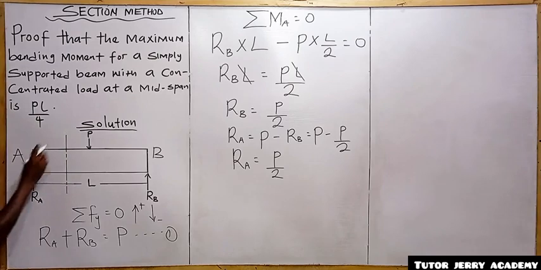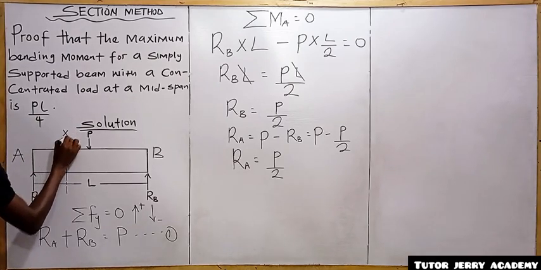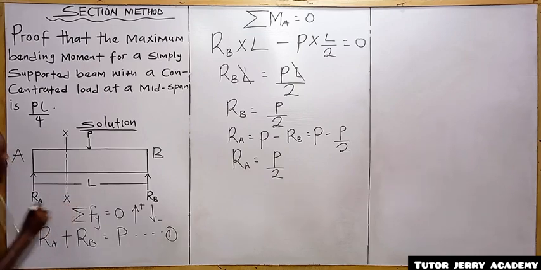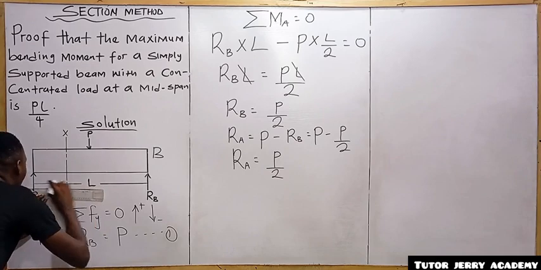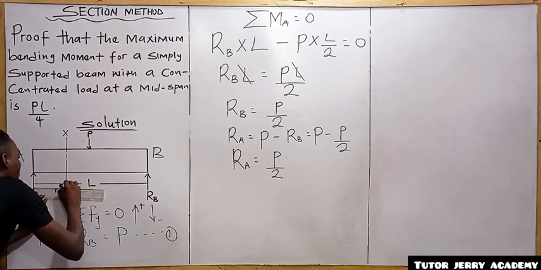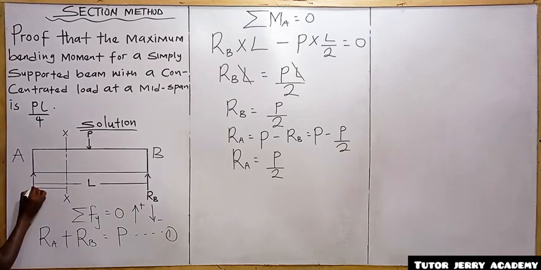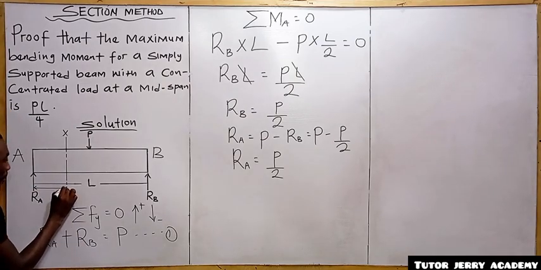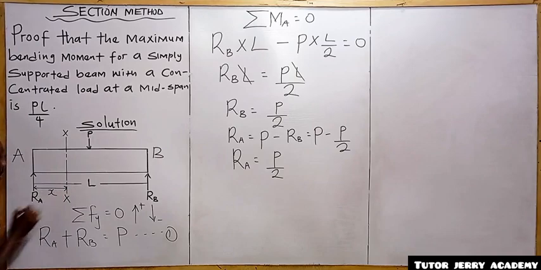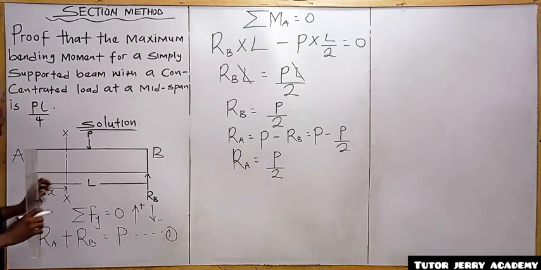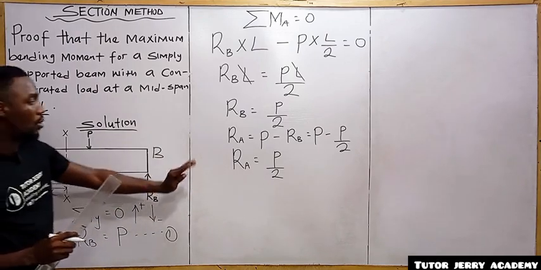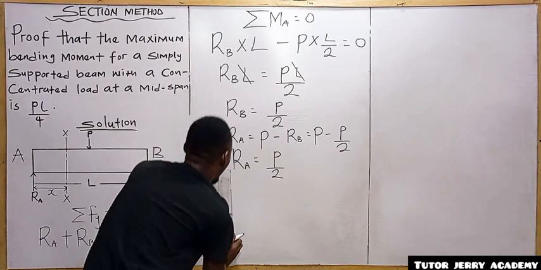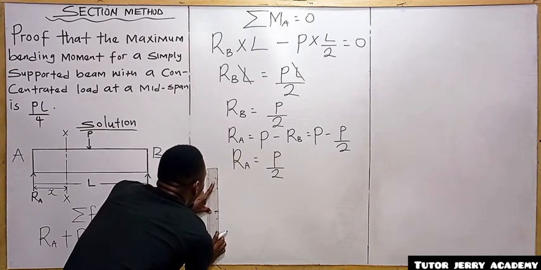So let's call this point S. It's going to be at a distance S. Now we are going to draw this part out, from this point to this point. We are going to draw it here and analyze it.